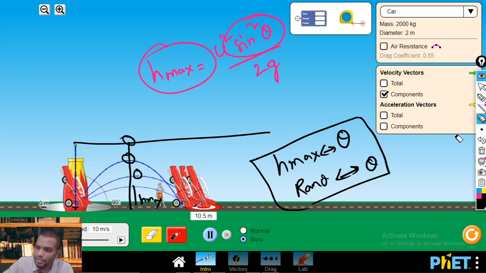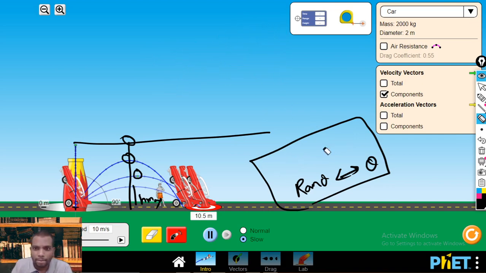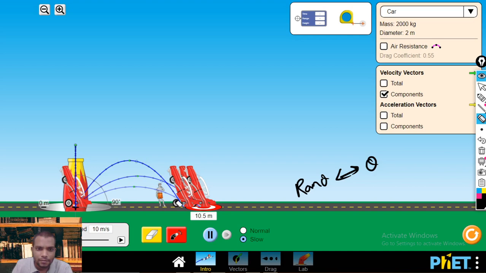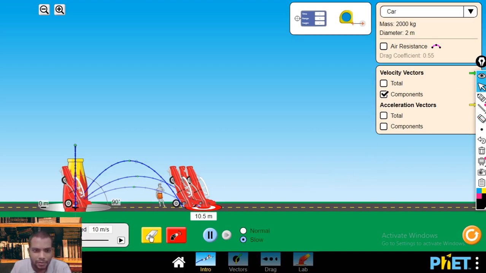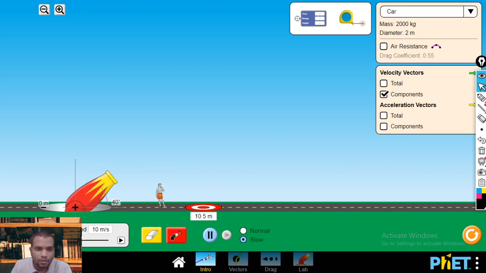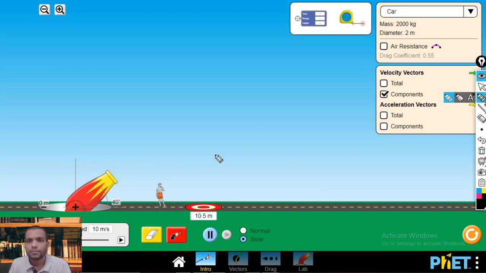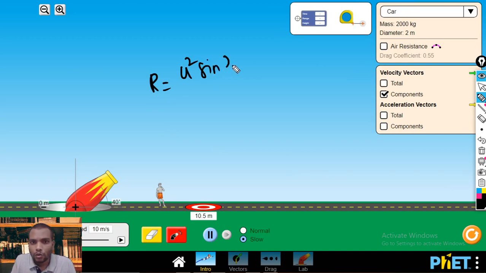Now here I need to discuss one more important point. If you see the projectile motion range expression, the range R equal to U square sine 2 theta upon g.